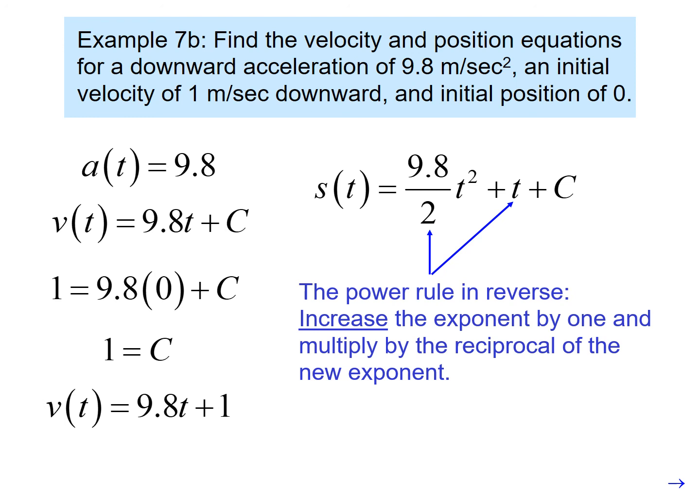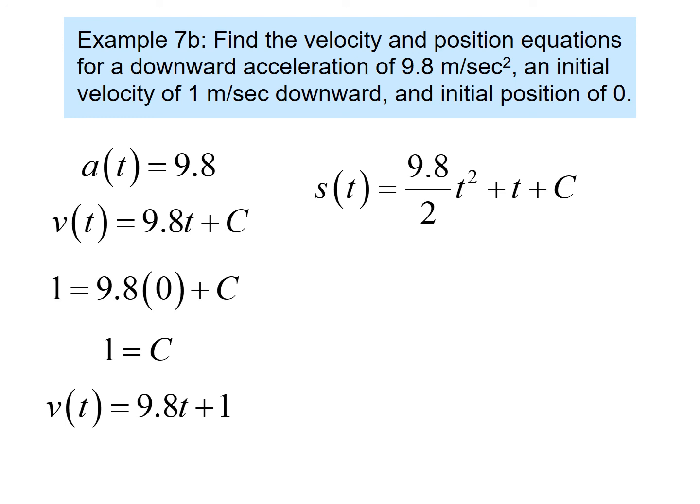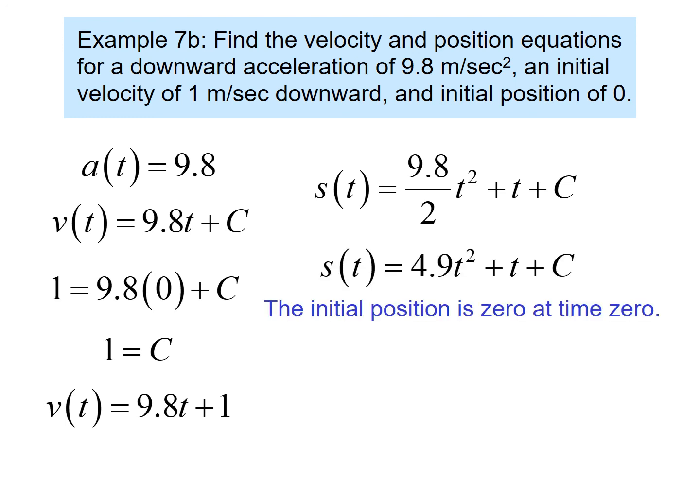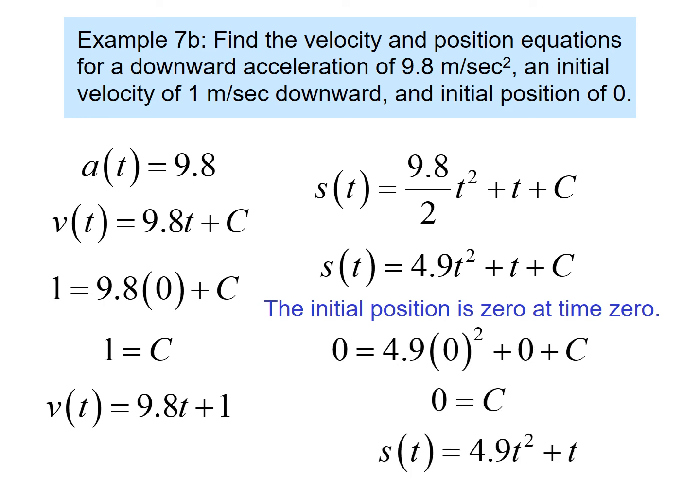And in general, with antiderivatives, the best thing to do is try something. You might have those constants incorrect, but try something and then check by taking the derivative and make adjustments as necessary. So we can simplify that down. We know that the initial position is 0 at time 0, so plug those in for s and t, and our constant is 0. So our position equation is 4.9 t squared plus t.